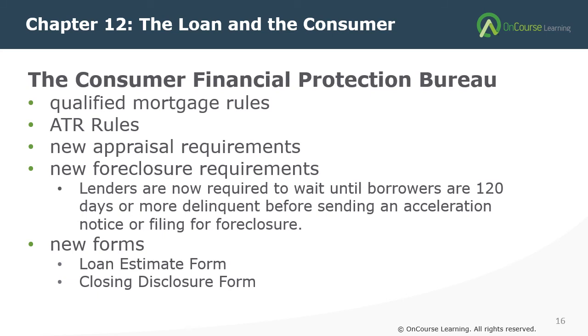Those questions can be asked. However, the lender cannot make a decision based on those characteristics. Lending decisions have to be based on the borrower's ability to pay, the value of the property, and who holds title.